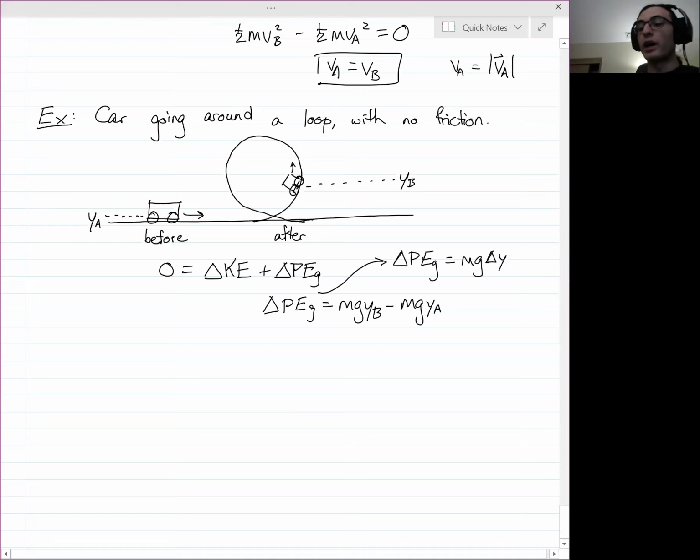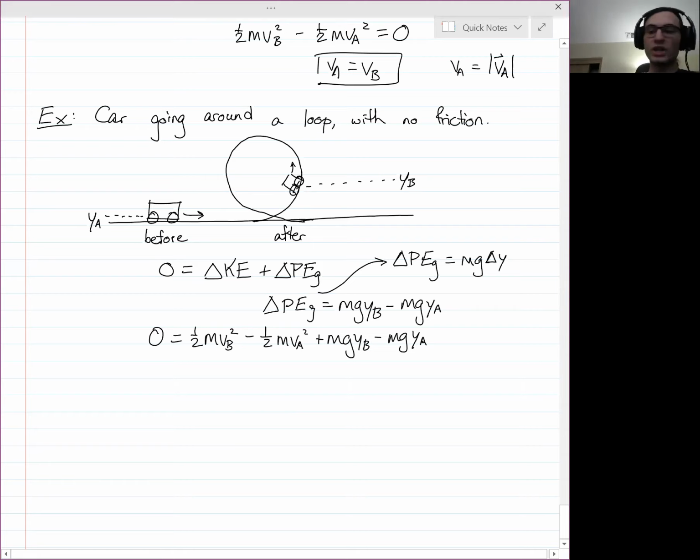So this is 1/2 mvb squared, the speed at position b or at height b, minus 1/2 mva squared, plus mgyb minus mgya. And so we have 0 is equal to this thing.